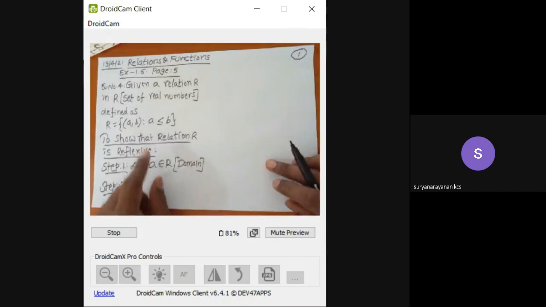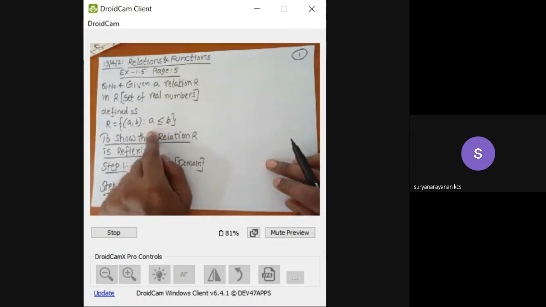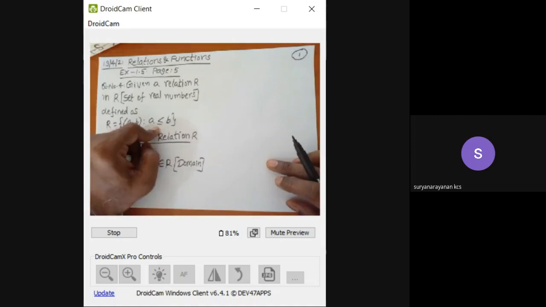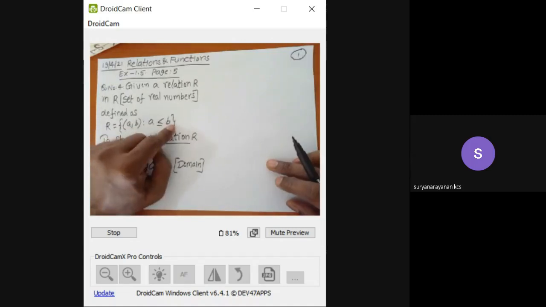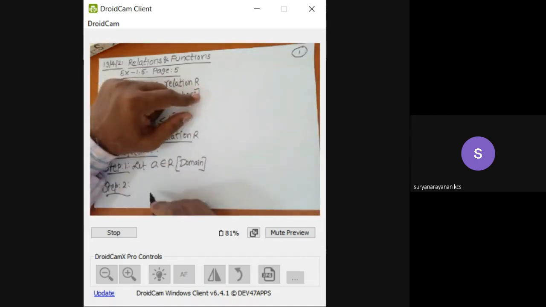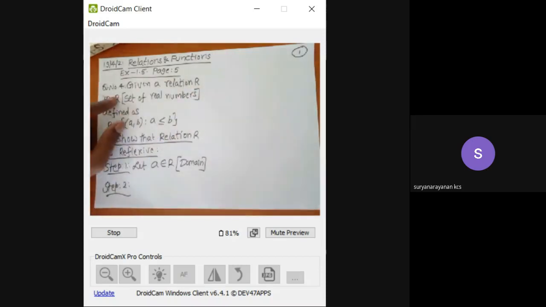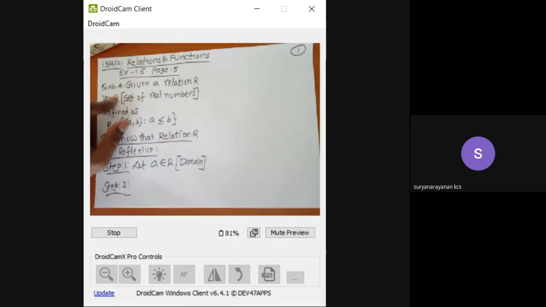Now, this is the relation: A is less than or equal to B. In this relation, in the place of A we should write A, and in the place of B also we should write A. Then what will you get? Ashwant Ram, can you tell me?